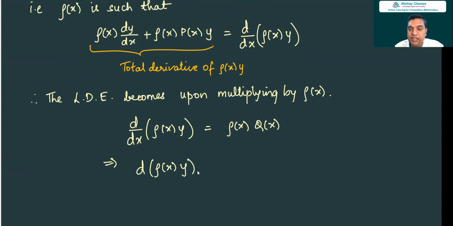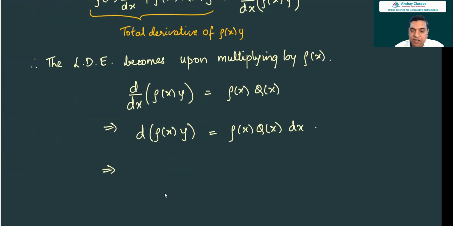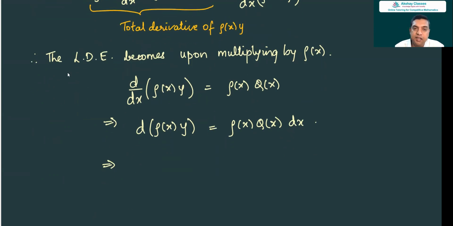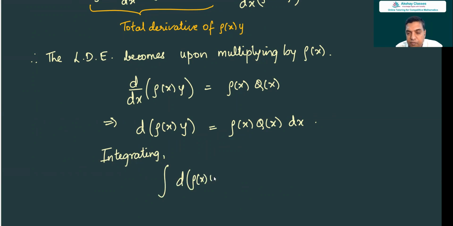D of rho of x y is rho of x into q of x dx. Now integrating both sides, when we integrate 1 with the derivative of some function u, which is rho of x into y.